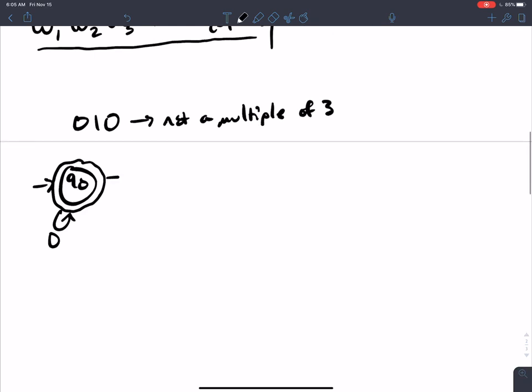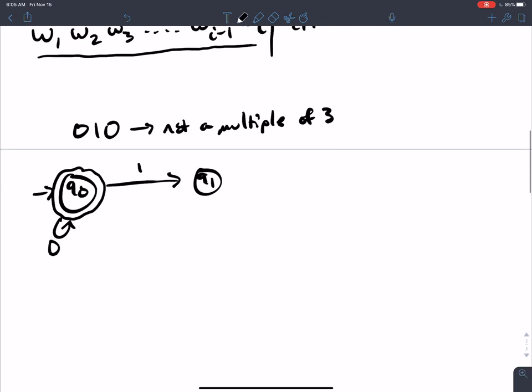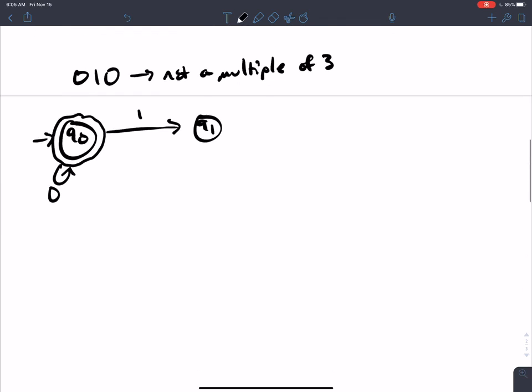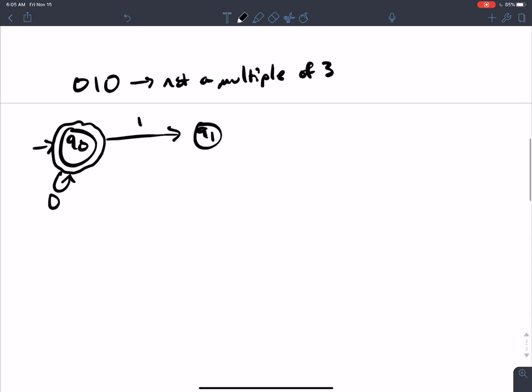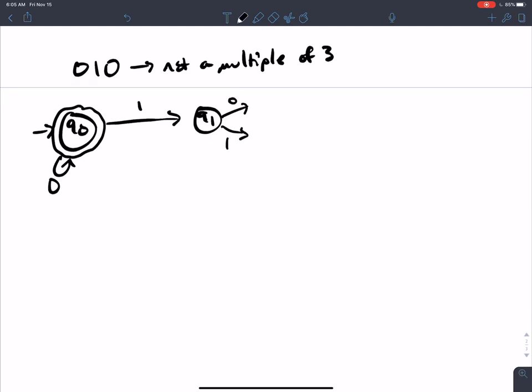So we need to go to another state here. Let's call it Q1. Let's look at that string 0, 1, 0. Then we can go to Q1, and there are going to be transitions on 0 and 1, and we have to decide what's going to happen.